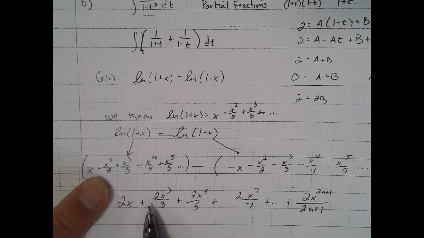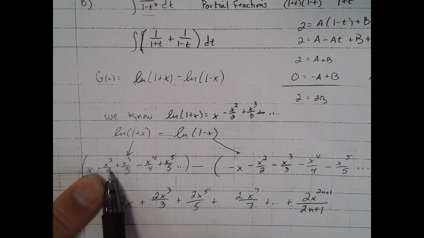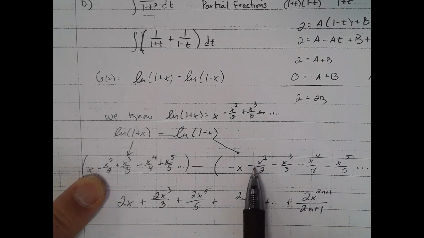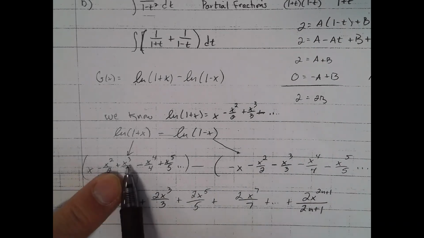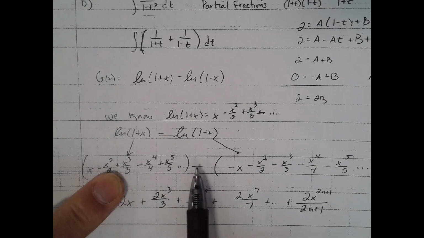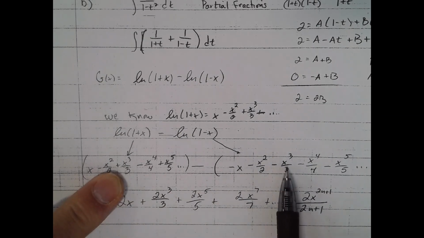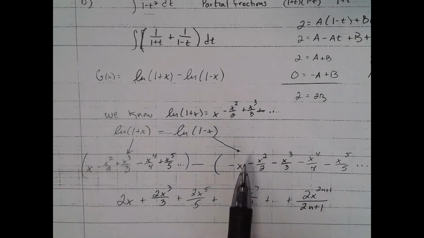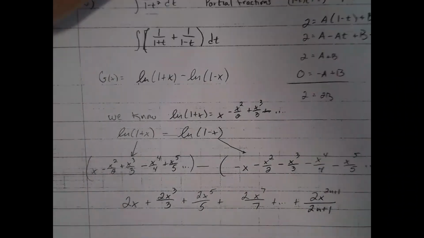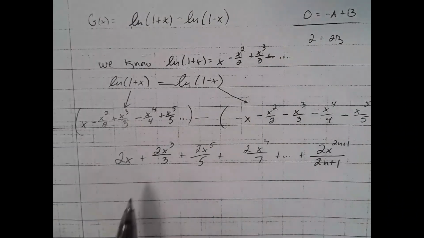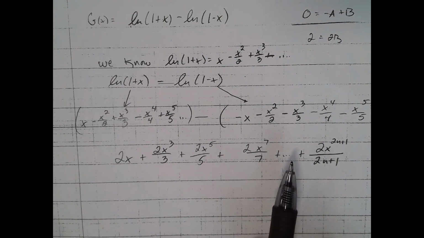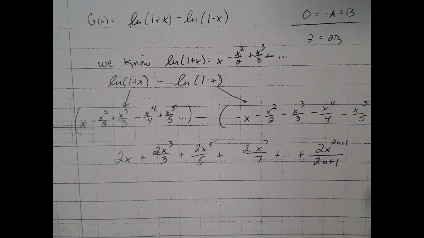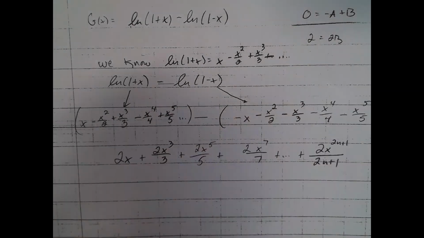We have negative x squared over 2 minus a negative x squared over 2, so they cancel. We get x cubed over 3 minus a negative x cubed over 3, so that's 2x cubed over 3. So every other term disappears, every other term combines, and you end up getting the same answer. There is a third way to generate g of x. Alright, I think that's enough on that problem.